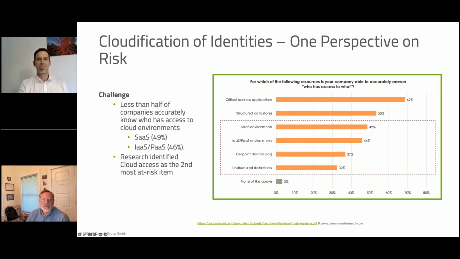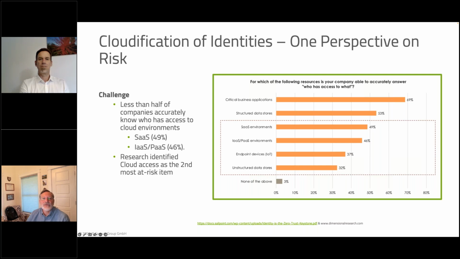Here's a good perspective on what's happening in the cloud. This survey is available on a SailPoint white paper on their website. The research was done by Dimensional Research, and the question that was asked was, who has access to what?